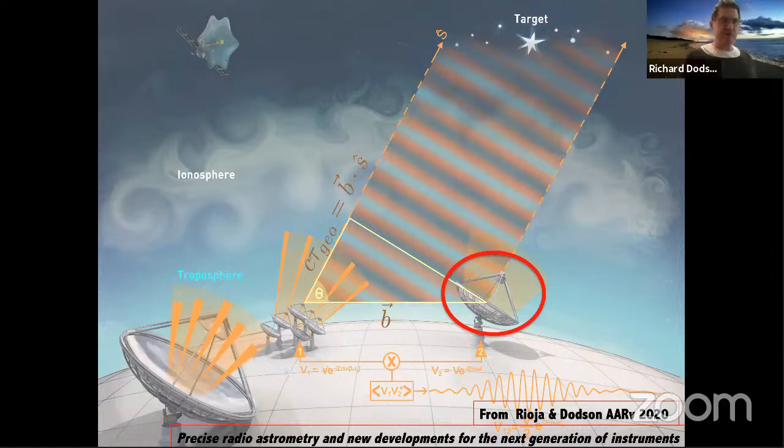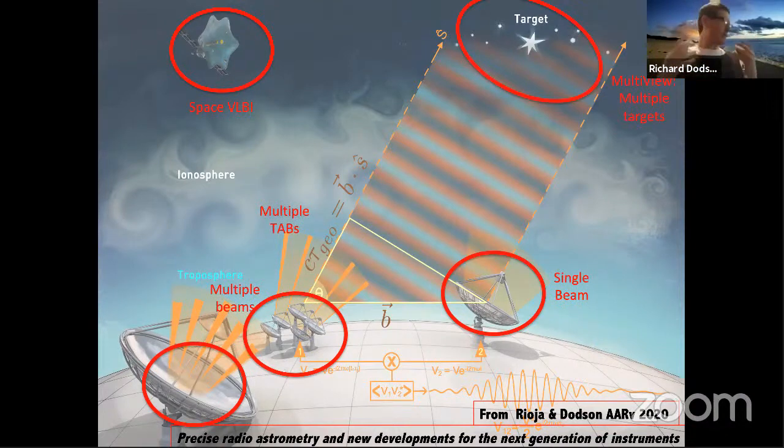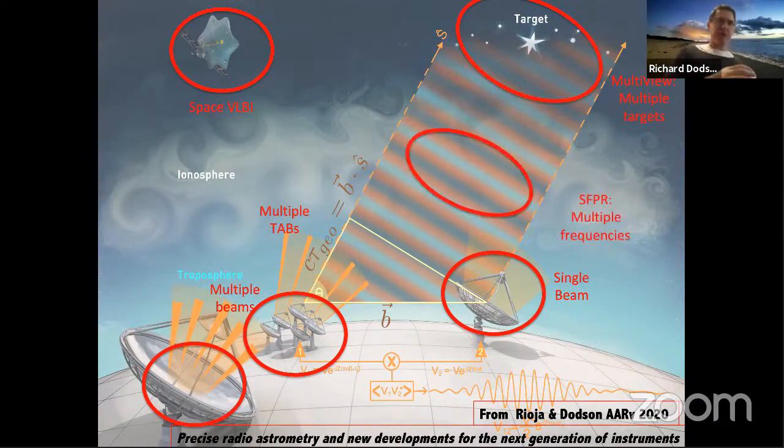The technology that needs to be provided is on these larger dishes, on the tied array beams from the arrays and the multi beams from the larger dishes to match the field of view of the smaller antennas. Combined with those multiple beams, you can match the effective field of view of the smaller antennas and the bigger antennas so that you can do multi-view VLBI with multiple targets. And also you can cope with multiple frequencies for source frequency phase referencing.